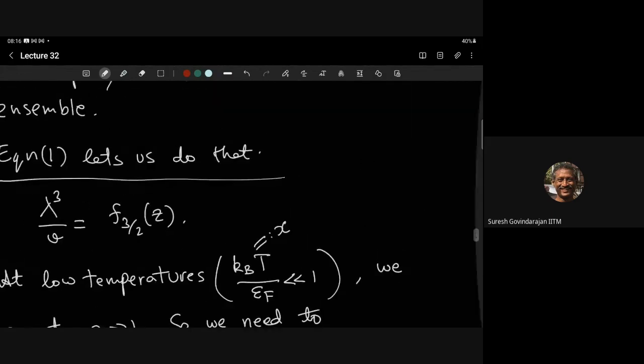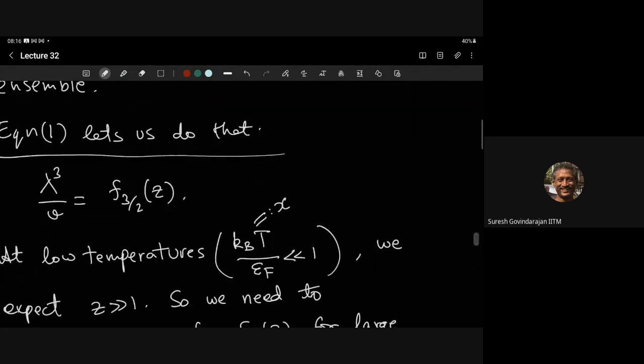Now coming back to this equation. It just says that lambda cubed upon v is some known quantity. If you expand this, it is a series in large Z. Beta mu is log Z. We are considering low temperatures, so it is large.